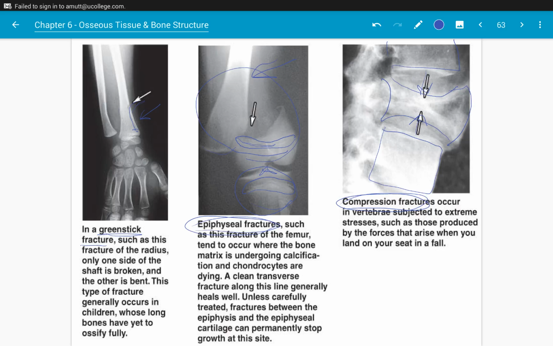So it mentions, if you land on your seat in a fall. So I met a man who was over in Iraq, and he was in an accident in a Humvee, and they hit, I can't remember, it wasn't a landmine, or maybe it was. Anyways, their Humvee went over it, and so it blew them up into the air.